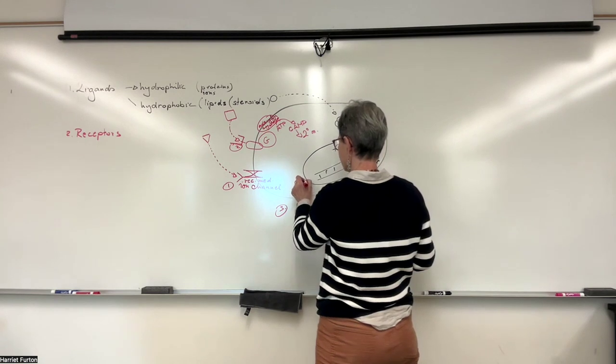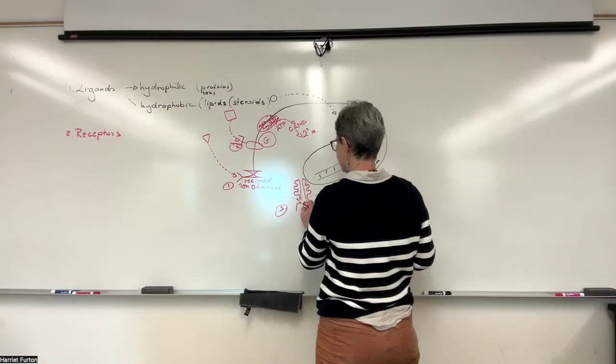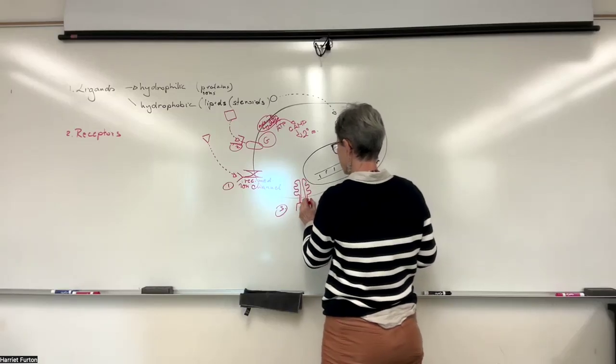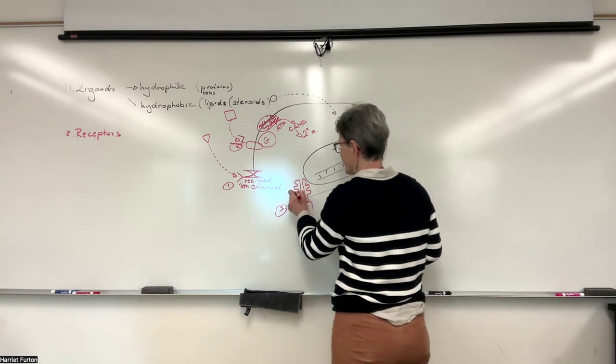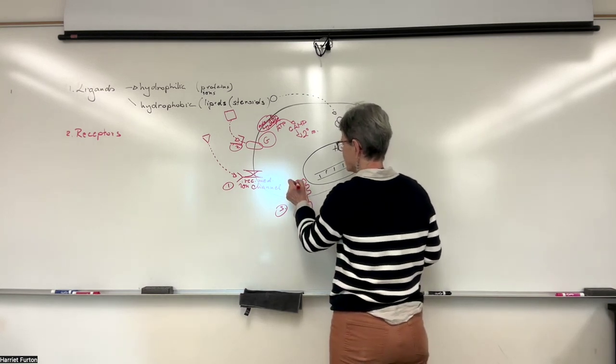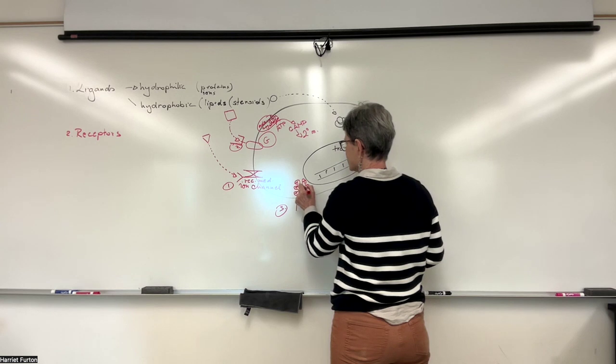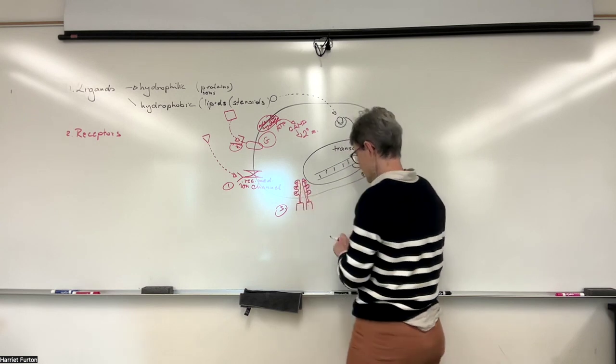This will be also a square. Not this one, like this. And tyrosines are here. These are amino acid, the tyrosine.